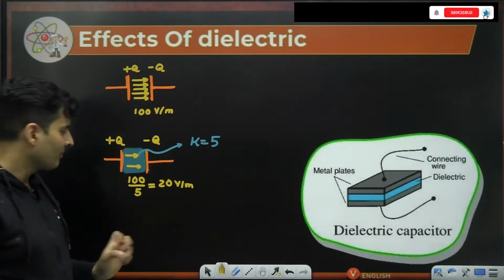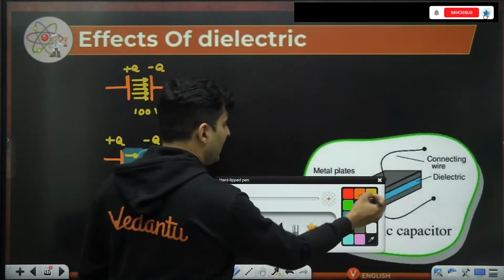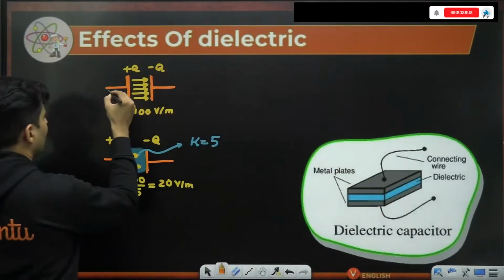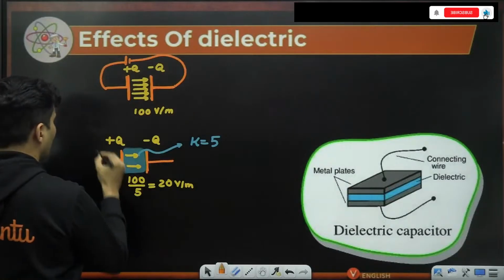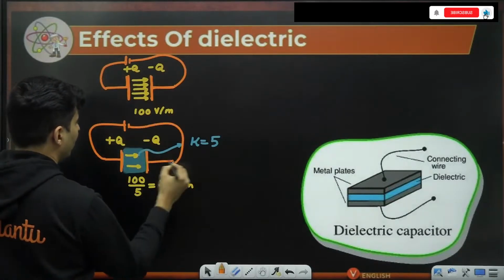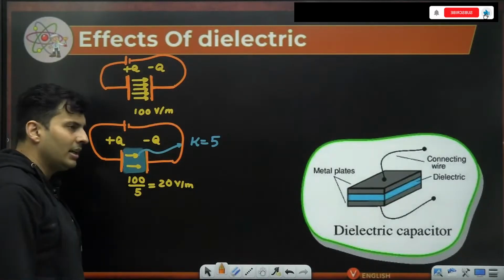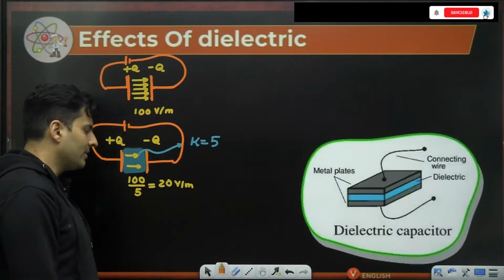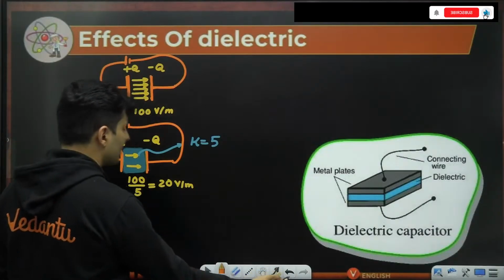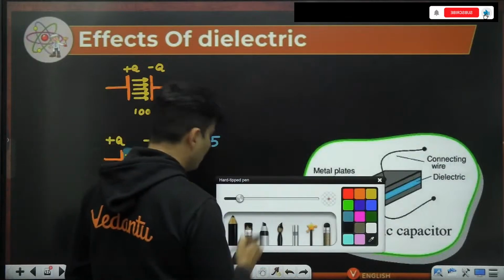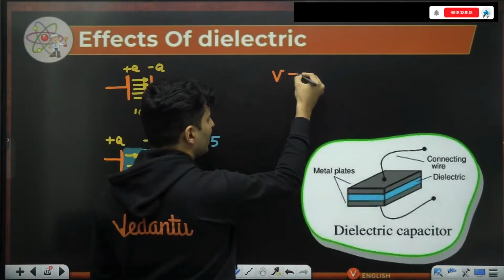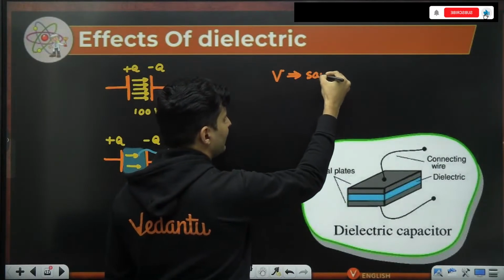But this is the best catch in this entire scenario. Think about it. This entire setup, technically, I have connected it to a battery. So if I have connected it to a battery, that means the voltage is basically the same.